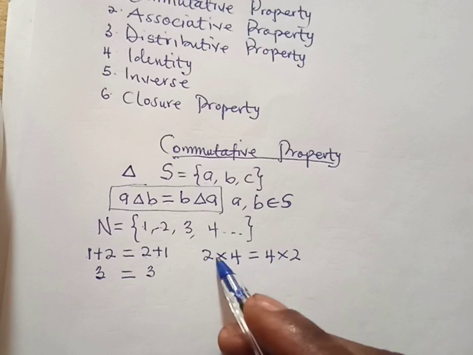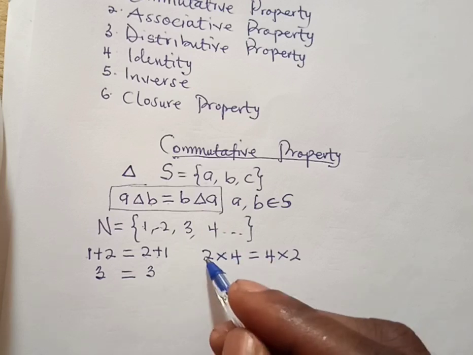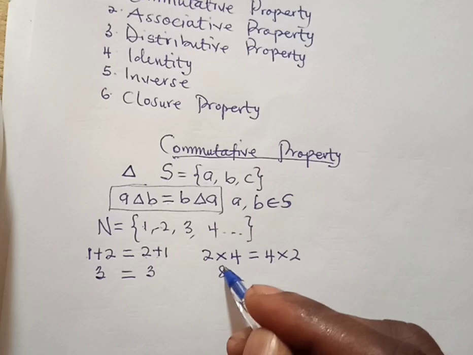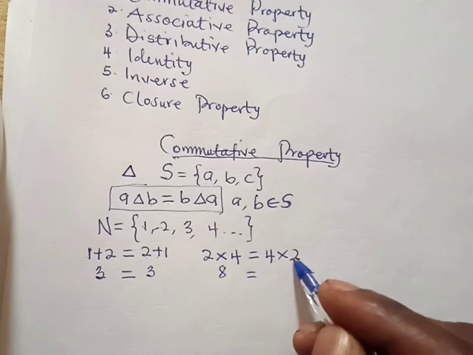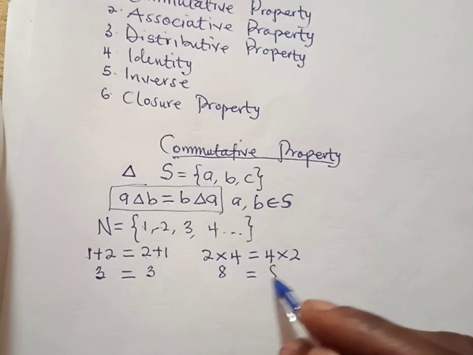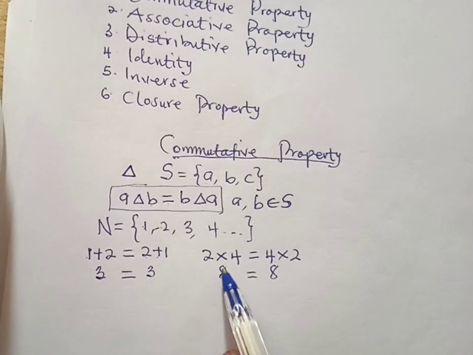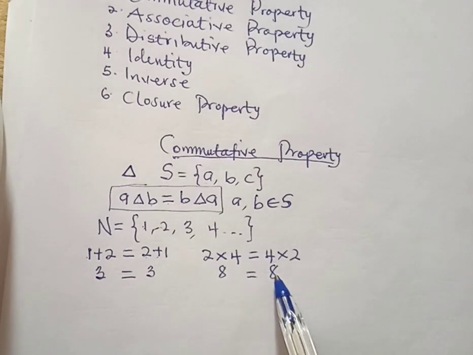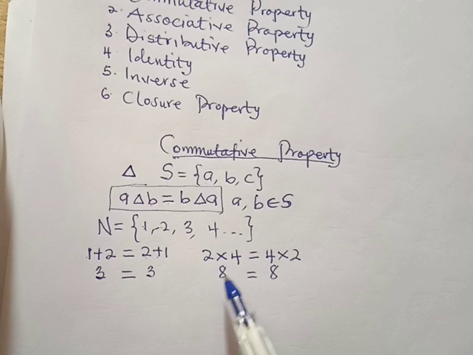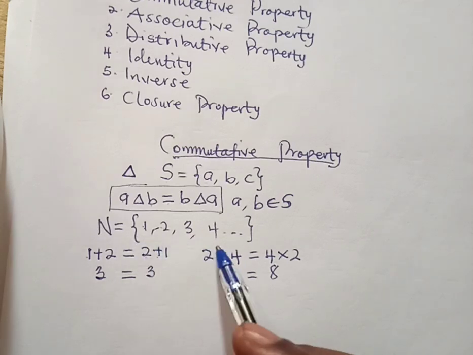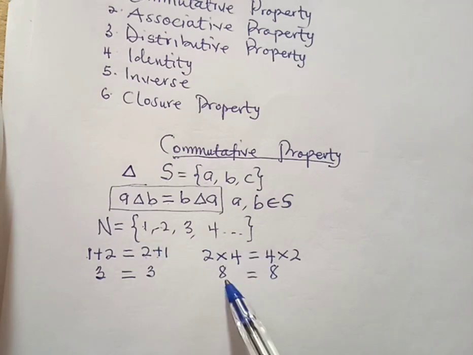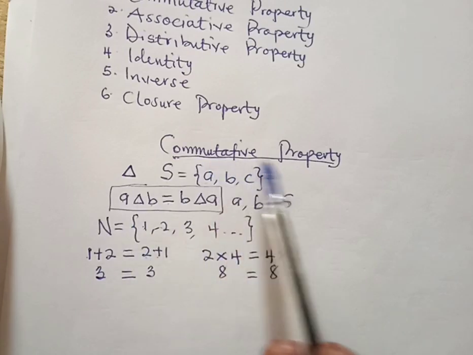If we multiply this, what do we get? 2 times 4 gives me 8, and 4 times 2 also gives me 8. Since here is 8 and here is also 8, we can conclude that multiplication of natural numbers is commutative.